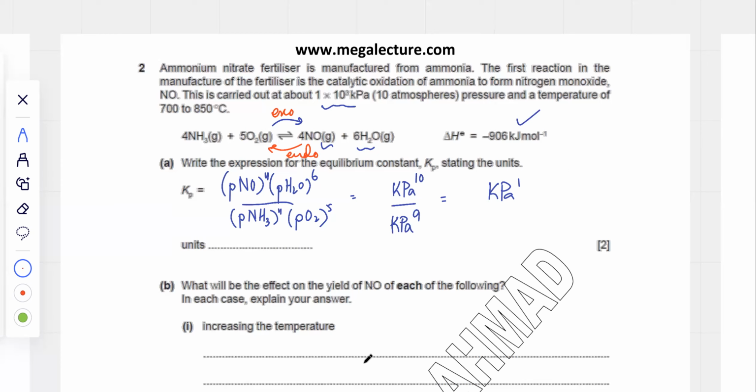Endo. Okay, so that's going to be endothermic, which in this scenario is the backward reaction. And if it's the backward reaction, the yield is going to decrease. Less NO would be produced. There's going to be more backward reaction taking place.